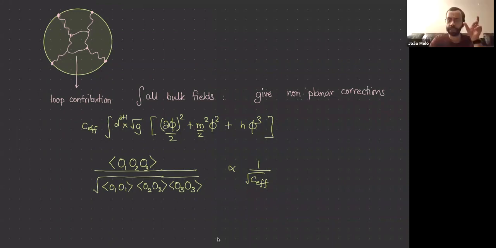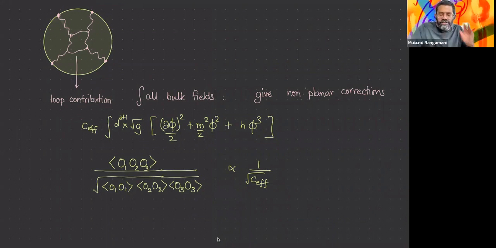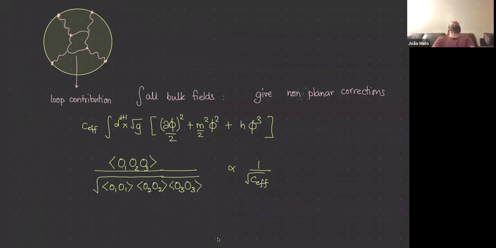Sorry, could you repeat your statement again, please? Yeah, the leading connected contribution to the 3-point function comes from a planar diagram. It's just down in 1/n. The counting is different for correlators. Oh, yes.